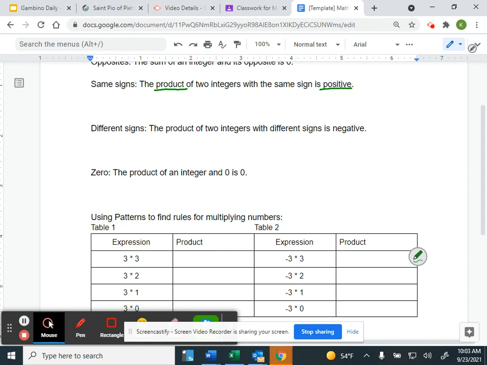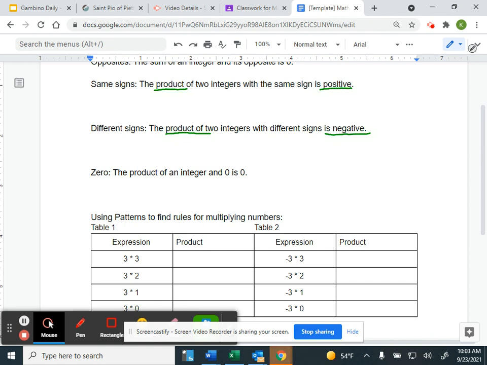The product with different signs, a negative number times a positive number or a positive number times a negative number, the answer will always be negative. So you need to remember those rules.